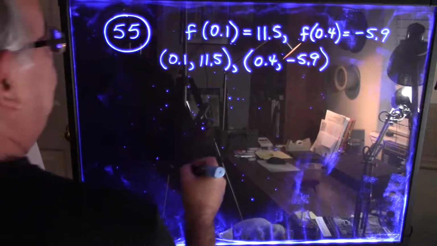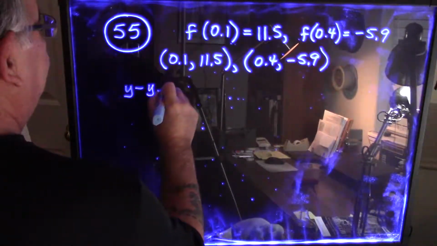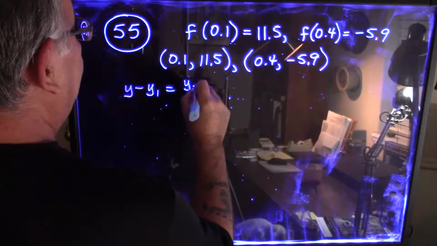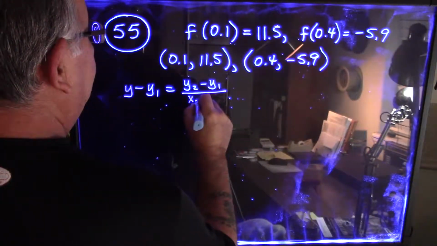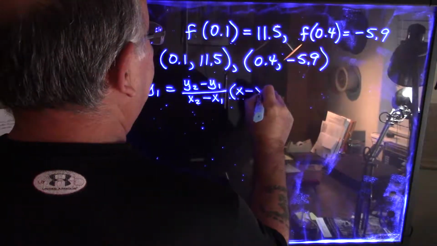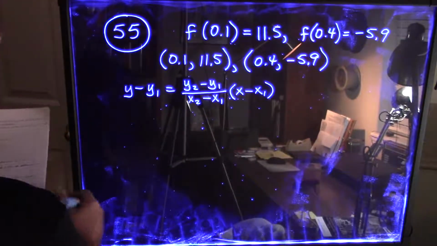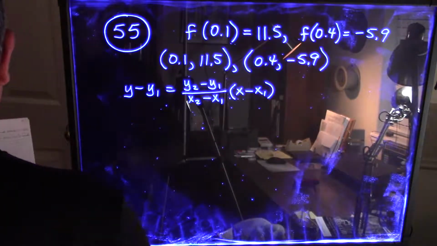We'll use the 2-point equation for a line: y minus y1 equals y2 minus y1 over x2 minus x1 times the quantity x minus x1. So we can call that x1, y1 and x2, y2.